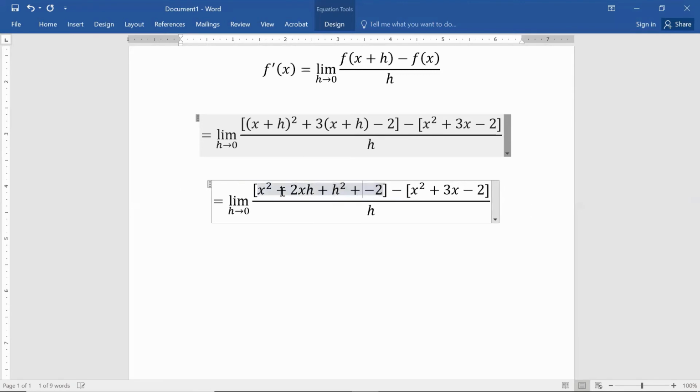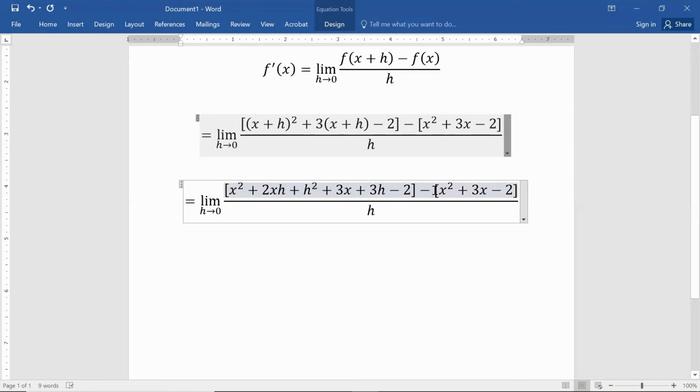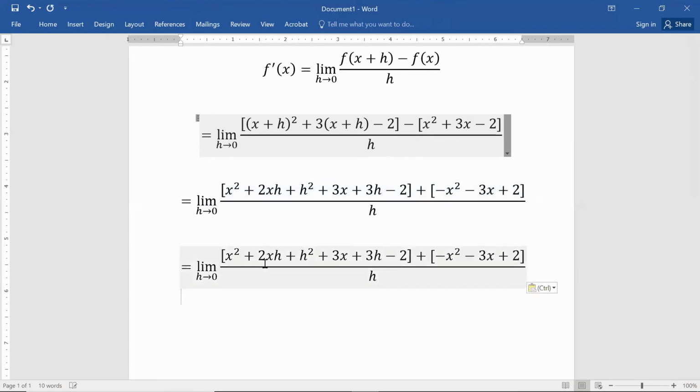When I distribute the 3, I'm going to get 3x plus 3h. Over here, I can distribute a negative sign, so we're going to get negative x squared minus 3x plus 2. Now I can start combining like terms and simplifying.